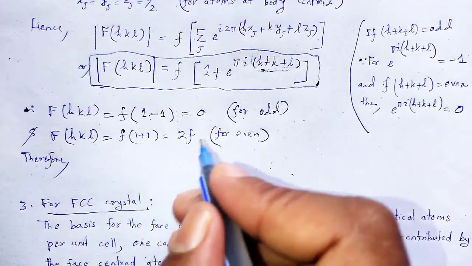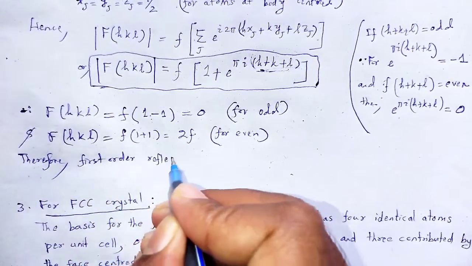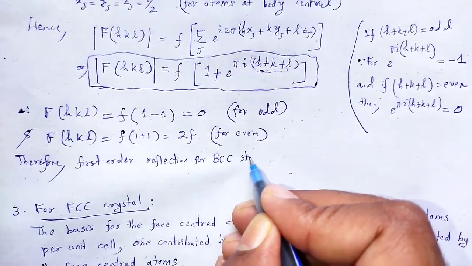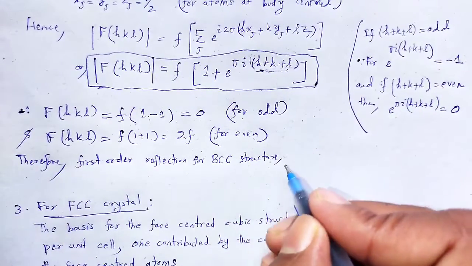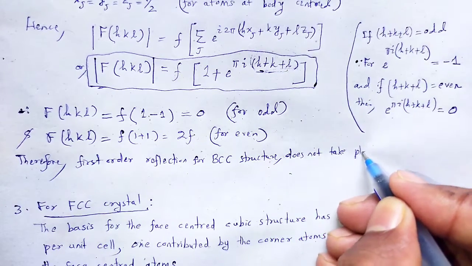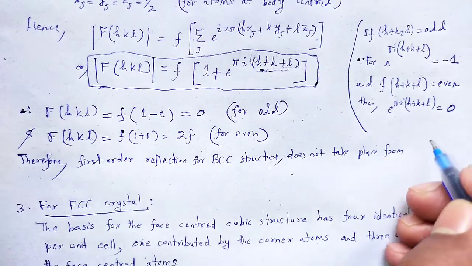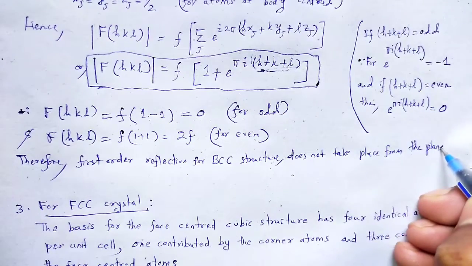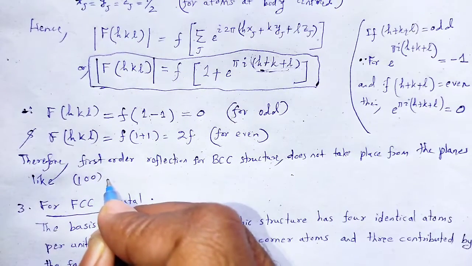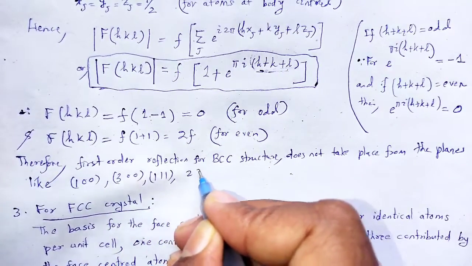From this we conclude that first order reflection for body centered cubic crystal structure does not take place from the planes like 1 0 0, 3 0 0, 1 1 1, 2 2 1.